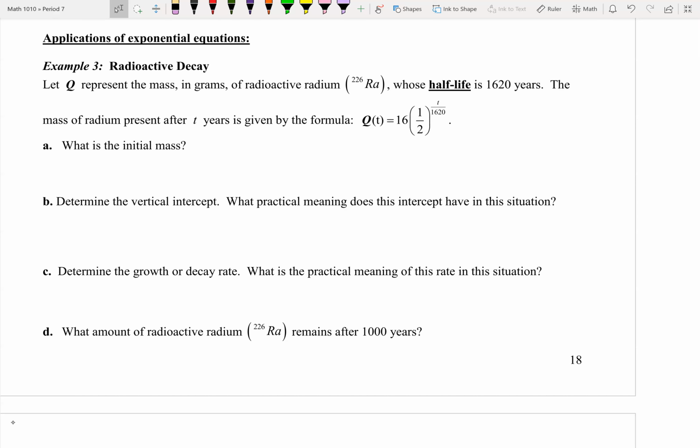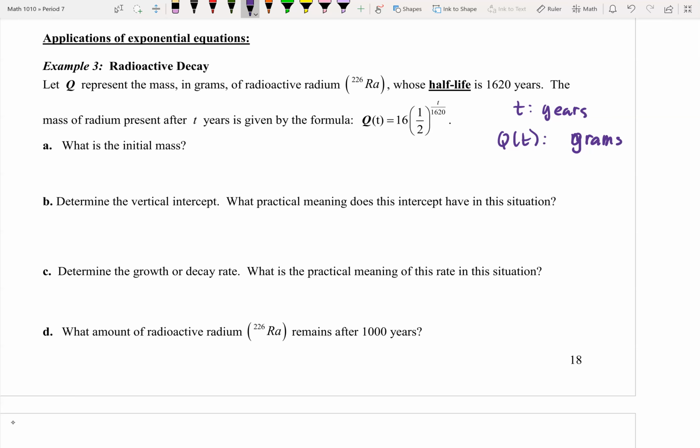Okay, let Q represent the mass in grams of radium, whose half-life is 1,620 years. The mass of radium present after T years is given by this equation. Okay, so let's write down that T stands for years, and that Q of T stands for the amount of radium in grams.